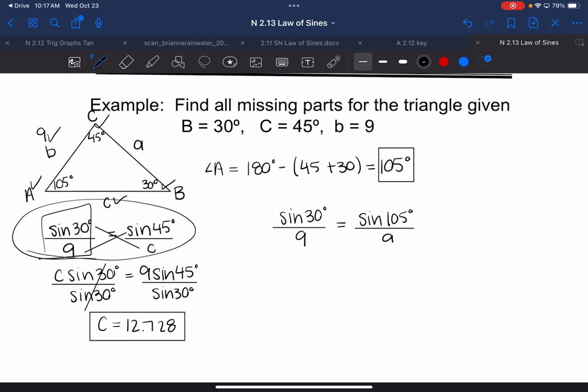And what should I do to solve? Cross multiply. Okay, so this direction I've got A times sine of 30 degrees is equal to 9 times sine of 105. Then what should we do? Divide by sine of 30. Good.